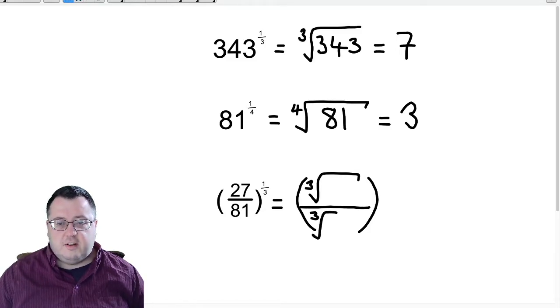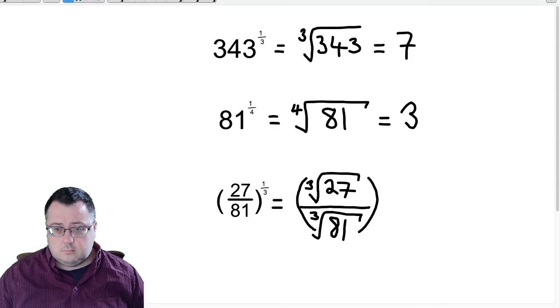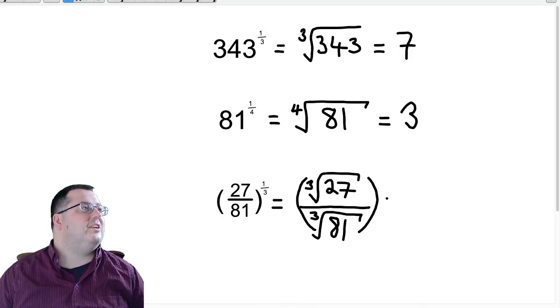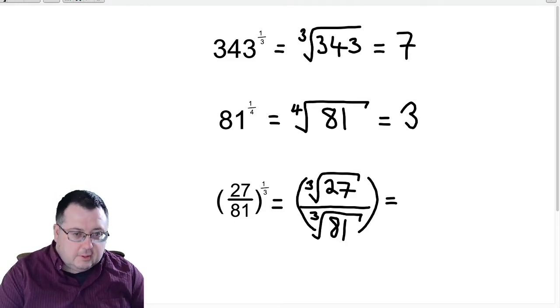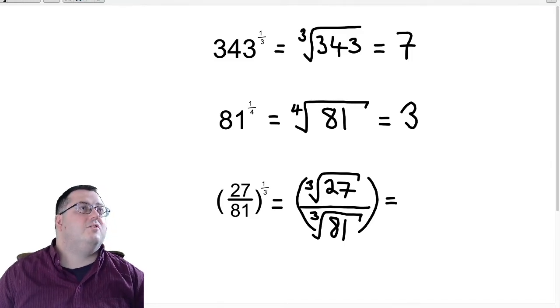So 27 will go in on the top, and 81 will go in on the bottom. I don't know if this is actually going to give me a nice answer here. No, I don't think it will, but we can certainly give it a go. Or even better, I can end stream here and edit the slides. I think I want to do that.